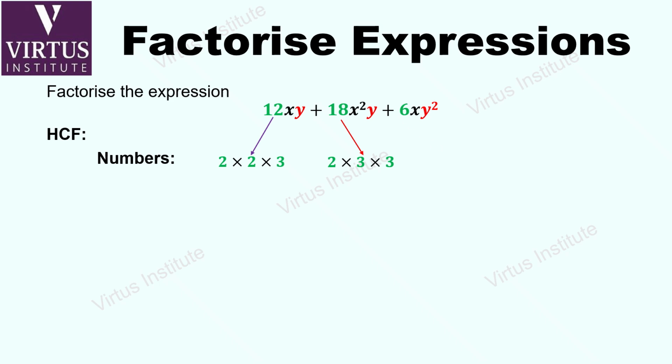And 6 becomes 2 times 3. The highest number that divides 12, 18, and 6 is exactly 6.